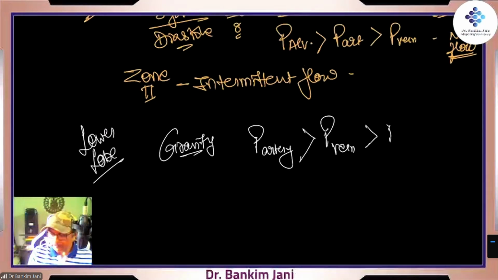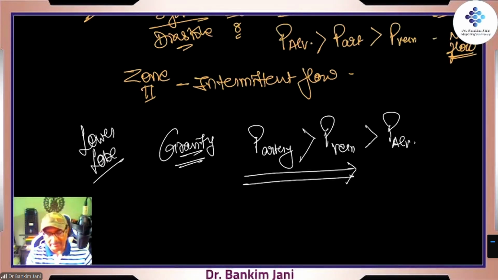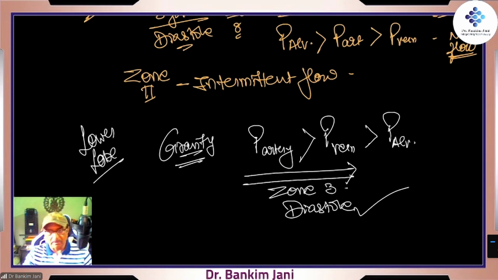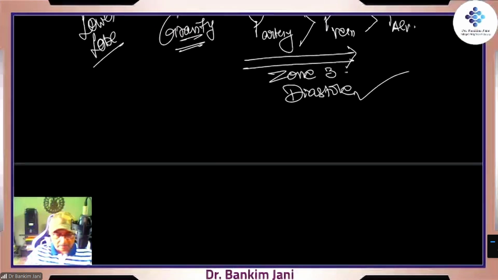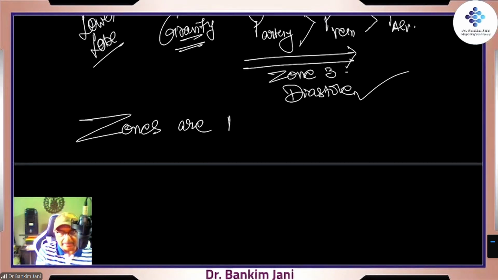And the pulmonary alveolar pressure would be less, because the air tends to go up, right? Air tends to go up. Gravity and the laws of physics. So here, the blood flow would be fantastic. And that's why this is called zone 3. So even in case of diastole, the blood will keep on moving. So that is the zone. The one sentence to remember: zones are dynamic.